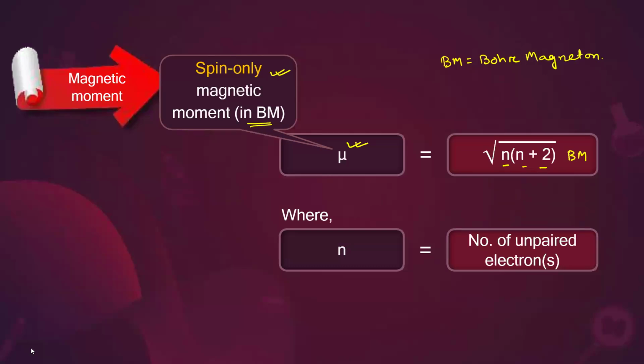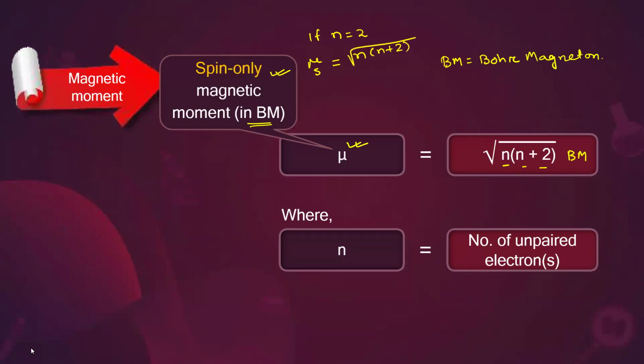Okay, so what happens? Now, suppose I'm giving one example. If a substance has two unpaired electrons, what will be its spin only magnetic moment? That is mu s is equal to root over n into n plus 2.